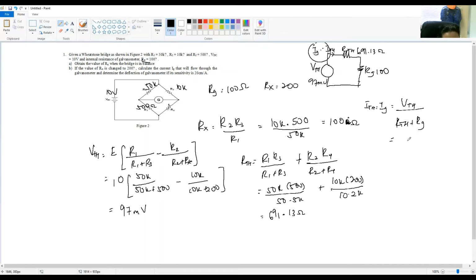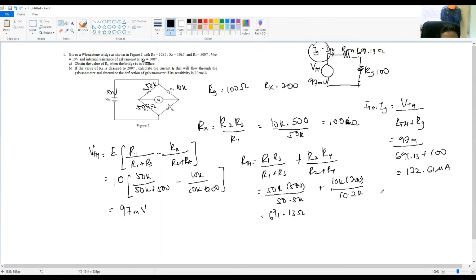Substitute the values: 97 millivolts divided by RTH plus 100. Use your calculator to get the value for the current, 122.61 microampere.